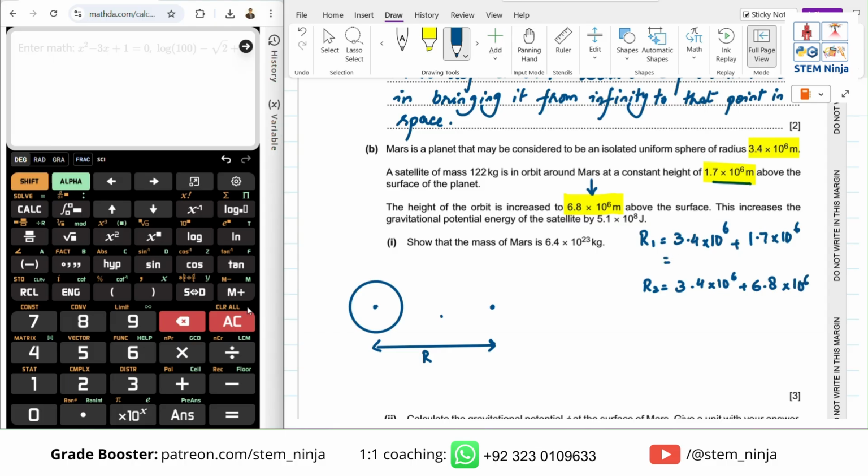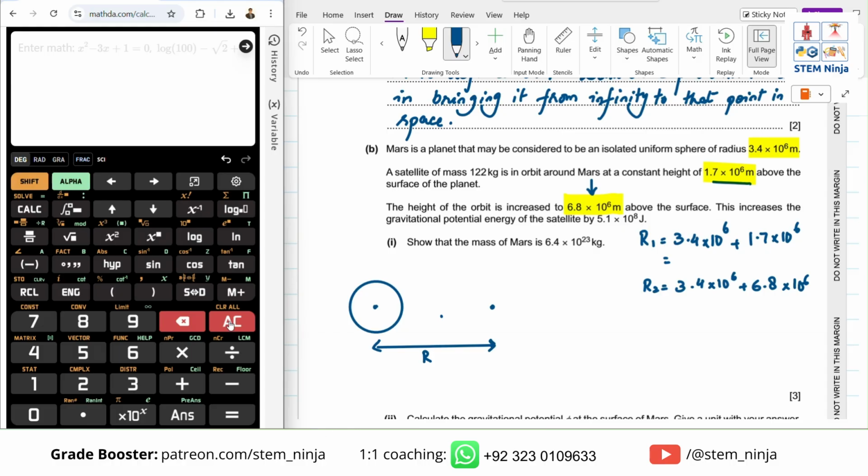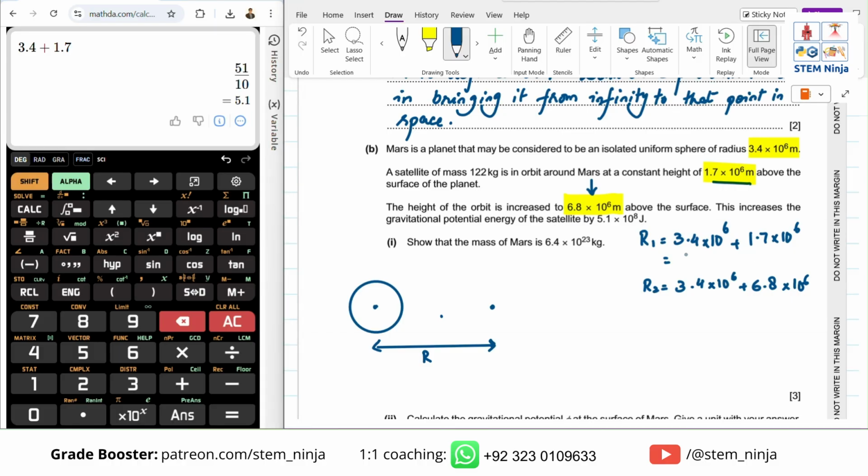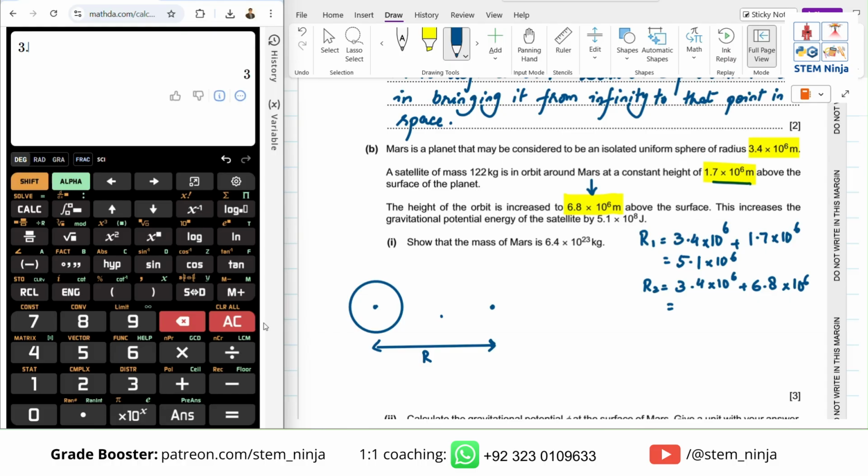Okay, so now the distances from center to center. So 3.4 plus 1.7, that is 5.1. So 5.1 × 10^6, and this is 3.4 plus 6.8. This is 10.2.